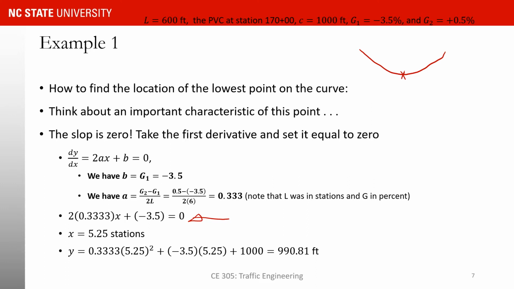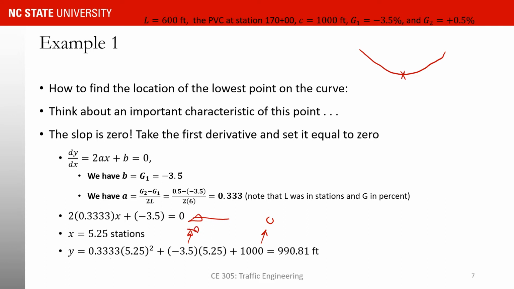So if you have x, you can put it in the equation for the parabolic curve, and you can find the elevation of the lowest point. Y equal to ax squared plus bx plus c. C is equal to 1,000. B is equal to negative 3.5.